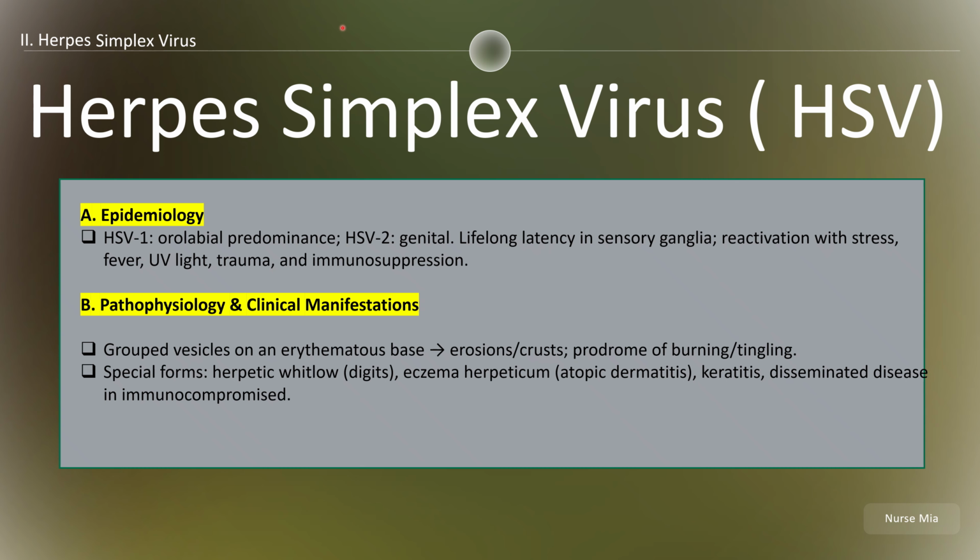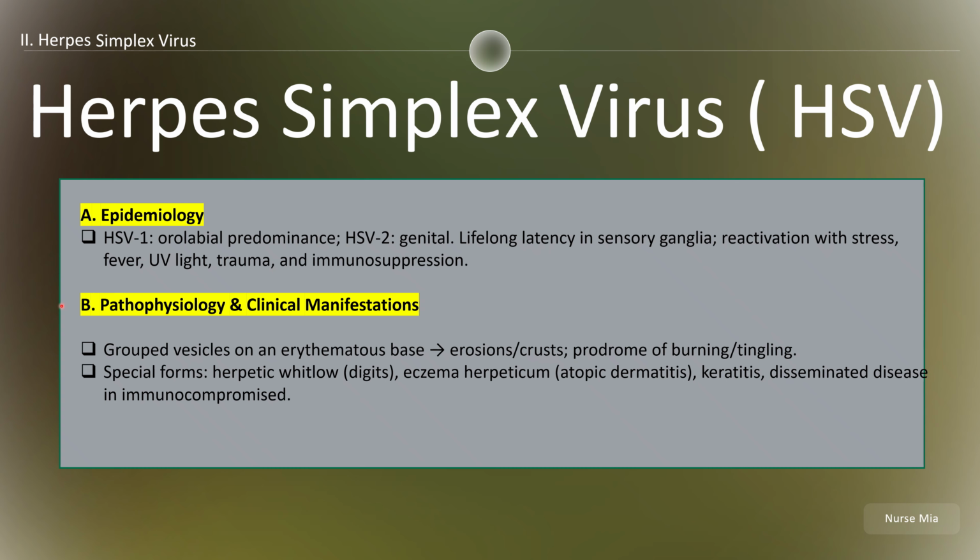The epidemiology says here it's herpes simplex 1 and 2. The genital is type 2, with lifelong latency in sensory ganglia. Reactivation occurs with stress, fever, ultraviolet light, trauma, and immunosuppression.